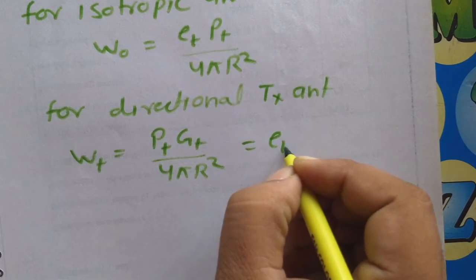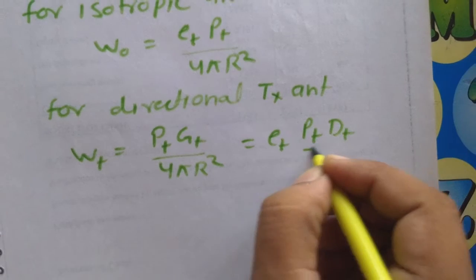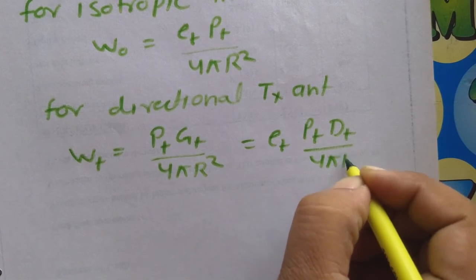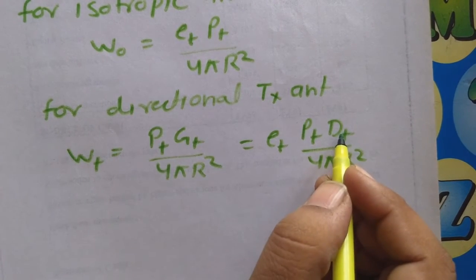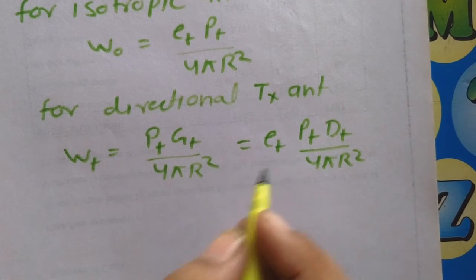So we can write here ET PT DT divided by 4 pi R square, where DT is the directivity of the transmitting antenna and ET is the efficiency of the transmitting antenna.